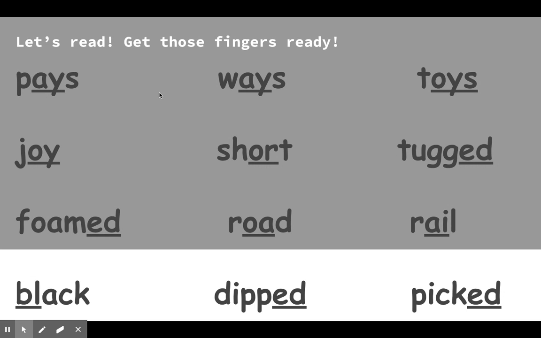So mine might sound like pays, weighs, toys, joy, short, tugged, foamed, road, rail. So if I want extra practice, and I really would love to hear and see you guys do this, go back and pause this video and practice these words without my voice. Practice them fingerspelling and also just reading them without fingerspelling.